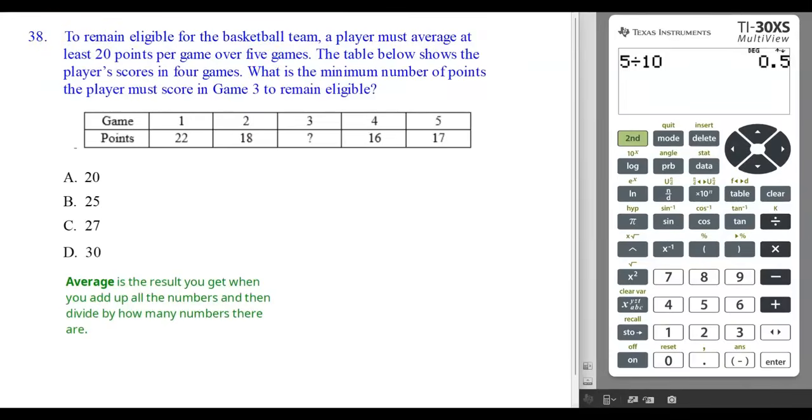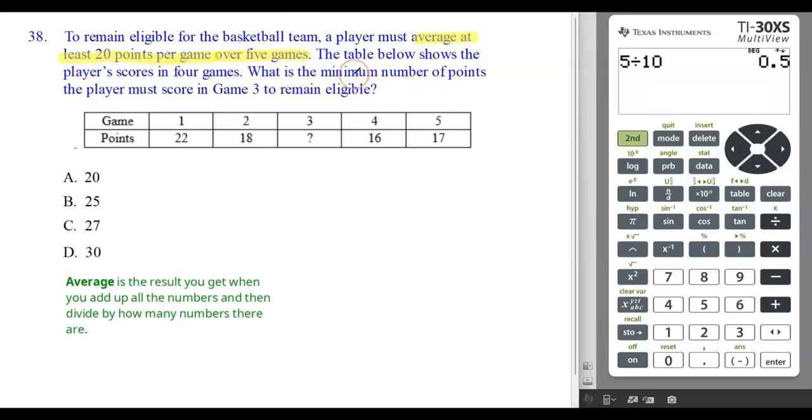Question 38. To remain eligible for a basketball team, a player must average at least 20 points per game over 5 games. The table below shows the player's score in 4 games. What is the minimum number of points the player must score in game 3 to remain eligible? So he must average at least 20 points per game over 5 games.